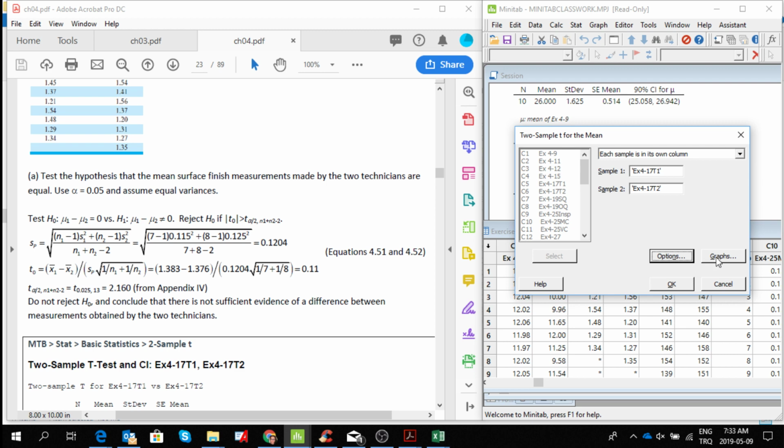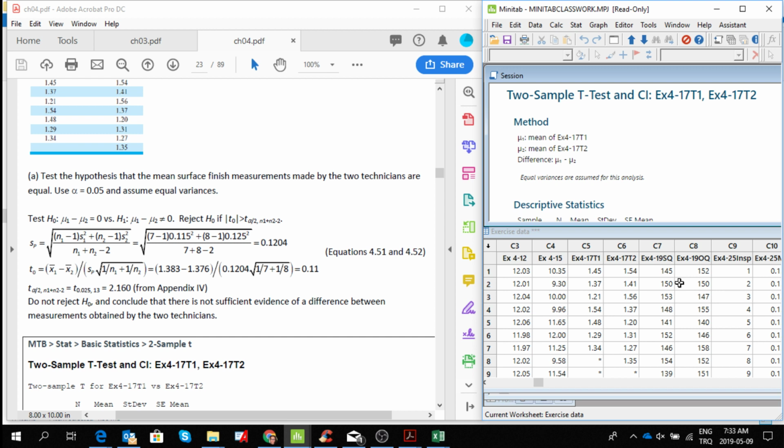And then graphs, we don't need that, so I'm just going to click on that. So this is the two sample t-test, this data and this data. Mu1, mu2 are the means, and the difference is mu1 minus mu2, and equal variances are assumed for this analysis. It says it's here.